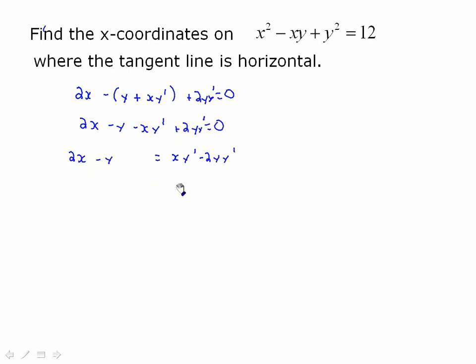Now, when you factor out a y prime, you'll get x minus 2y, and that's equal to 2x minus y. Now, this question, by the way, does just ask for the x coordinates. So y prime, the derivative, which we need initially, is 2x minus y over x minus 2y.